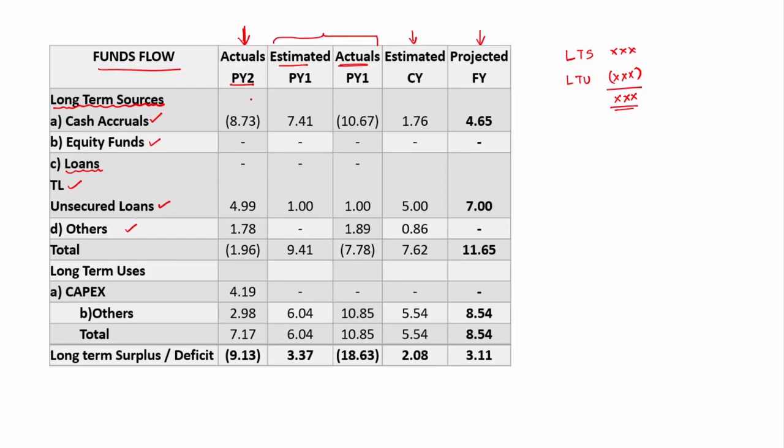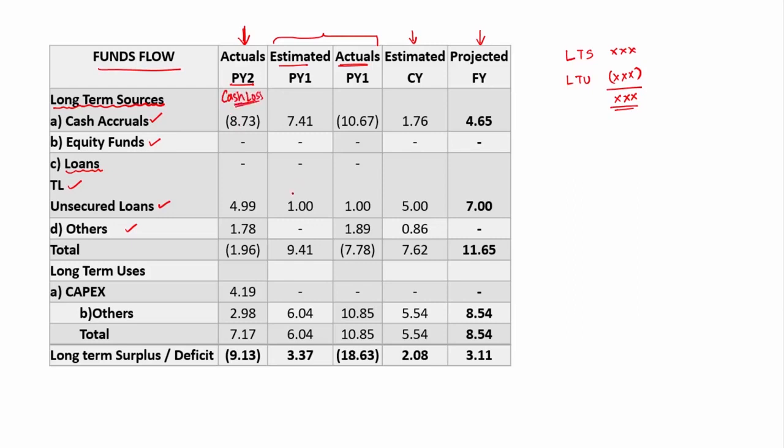So in this case, if you notice, in the previous year 2, they didn't have positive cash flows, they didn't have positive cash profit, they were actually suffering a cash loss. What you see here is a cash loss.